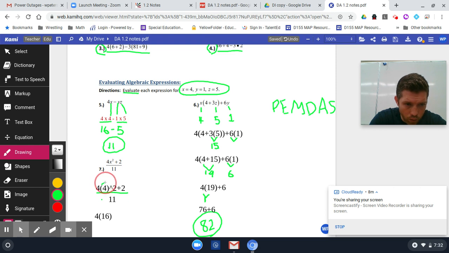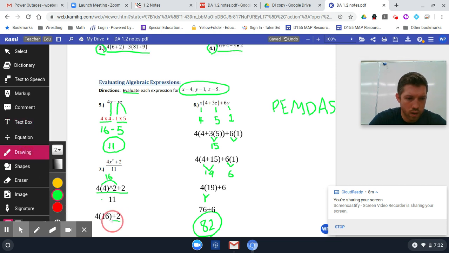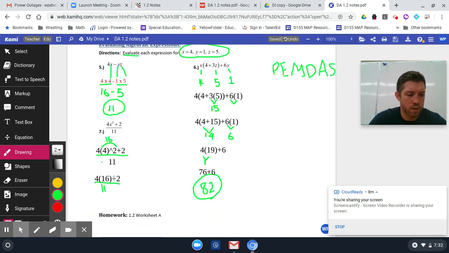So this number right here equals 16. Then we have 4 times 16, plus 2, and that's all divided by 11.